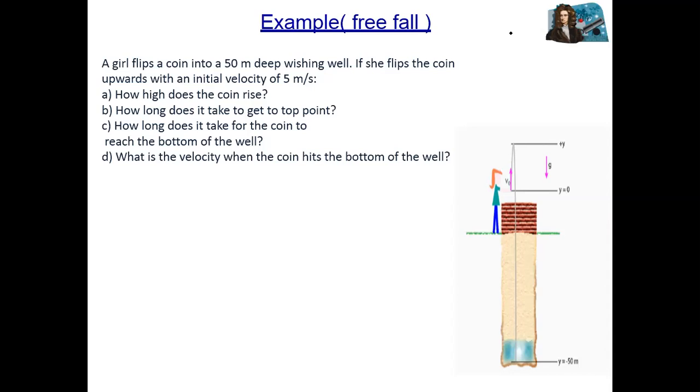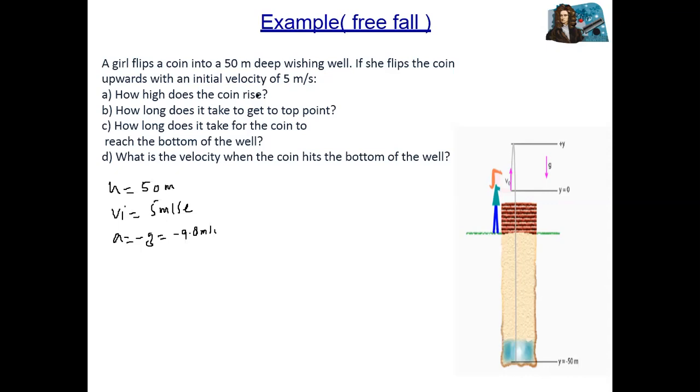Given data: height of the well is 50 meters. Initial velocity is 5 meters per second. And we know that for free fall, a is equal to minus g, minus 9.8 meters per second square.